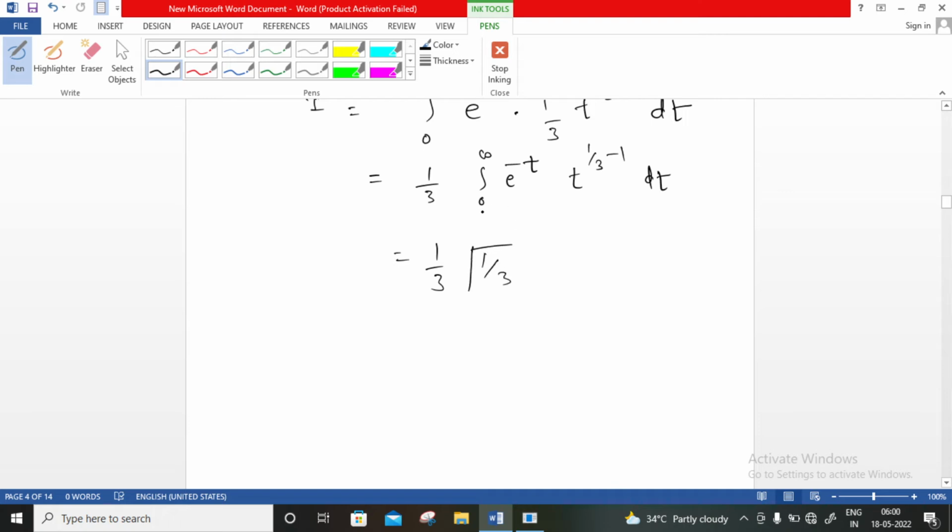Now you use here the definition, because this is the form of the definition of gamma function, integration 0 to infinity e raised to minus x, x raised to n minus 1 dx. Here n is 1 upon 3. So the value of this integration becomes 1 upon 3 gamma 1 by 3. Now we see the next example.